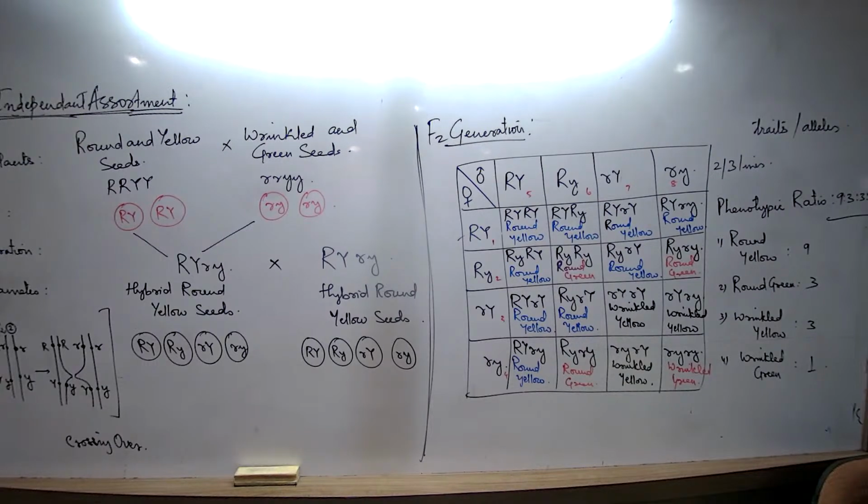Number 2, which allele or trait in the F1 is dominant? One line for the answer.